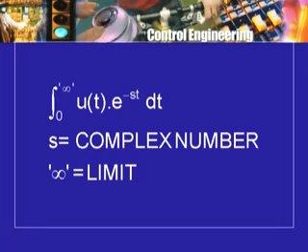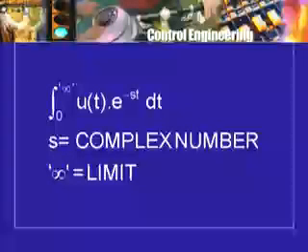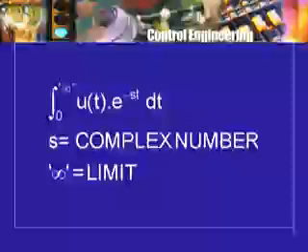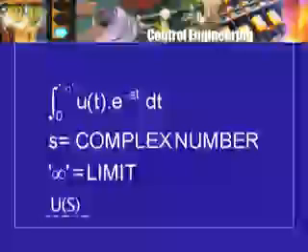So this integral, then you can think of the integral, which is a complex number. For a particular s, there is a particular result. Now this result is then denoted by a symbol, which, following our convention in control, is capital U of s. Why capital U? Because I have a small u, which means a function of time.